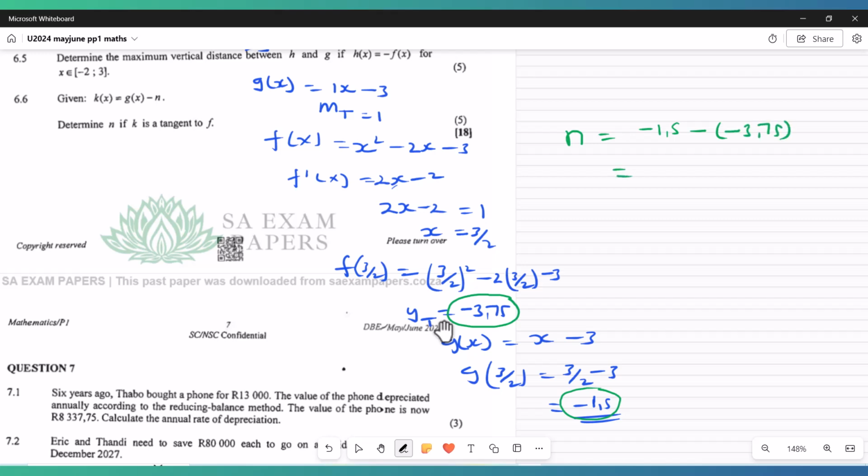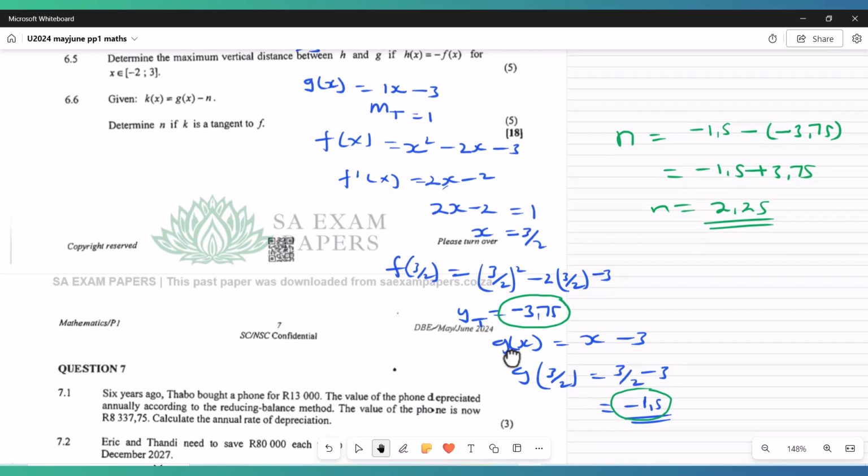So it will give me negative 1,5, then becomes the plus 3,75. So what's our answer here going to be? It's going to be 2,25. Hope we are together. That's our n.